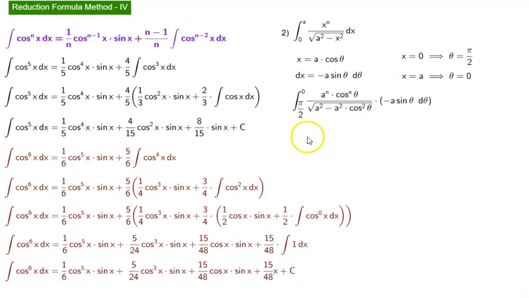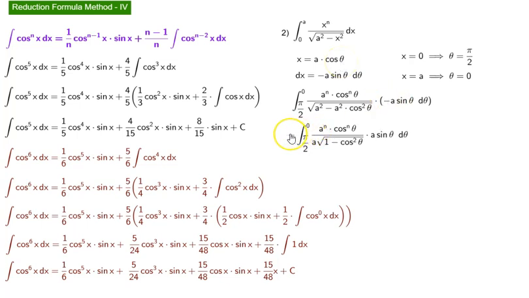Now carrying out the substitution, integral from pi by 2 to 0 of a to the power of n times cos to the power of n theta times dx, that is minus a sine theta d theta, divided by square root of a square minus a square times cos square theta.